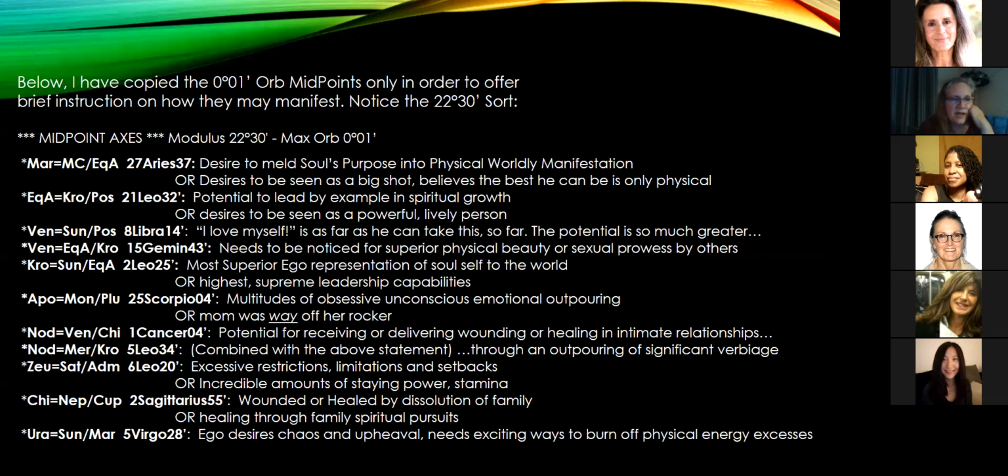The next degree that I have is the equatorial ascendant, which is equaling Kronos, Poseidon midpoint. So Kronos is about authority, and Poseidon being that super Neptune. I would say he has the potential to lead by example in spiritual growth, lead others this way, and that would be good for his soul.